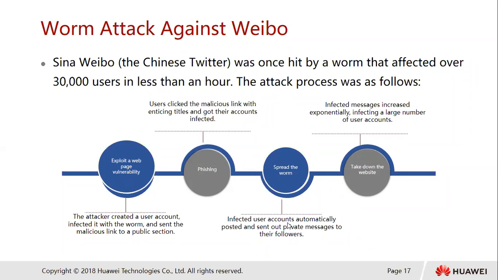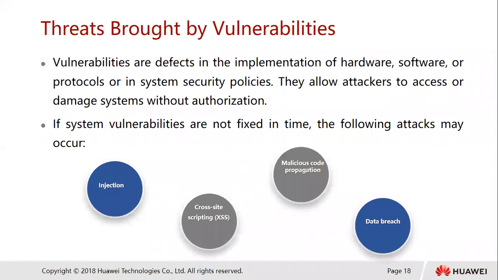So these infected users' accounts automatically posted and sent out private messages to their followers. You can find that infected messages increased drastically, infecting a large number of user accounts. And this, of course, took down Weibo. So this is an application attack.